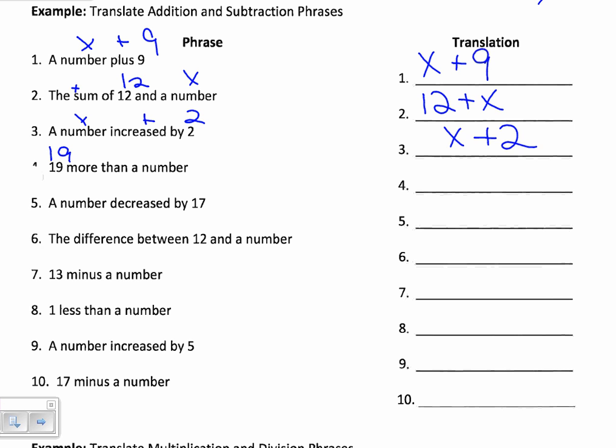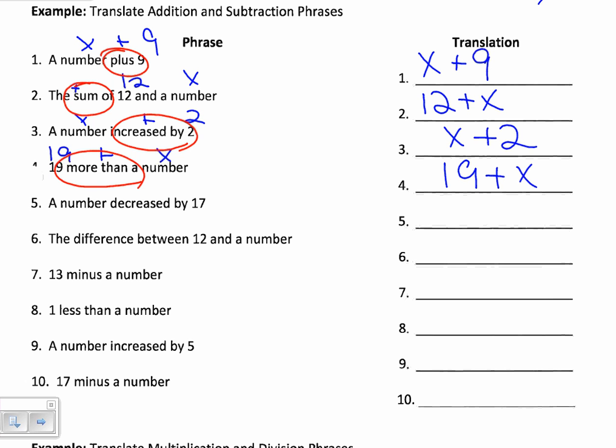More than means I'm going to be making bigger, so I'm going to add a number, x, because I don't know what that number is. So 19 more than a number is 19 plus x. Those are some things that mean addition: plus, increased by, more than.